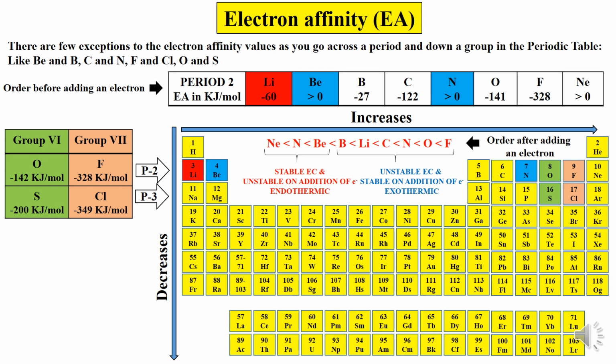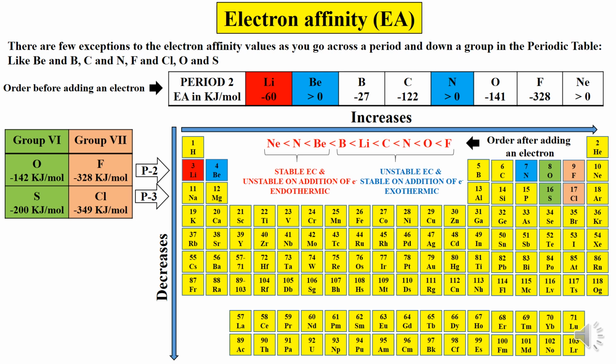Sulfur should have a lesser value than oxygen, because going down the group, the electron affinity value decreases. But it is the other way around. Oxygen has less value, sulfur has higher electron affinity value. The same for group 7. Fluorine has a lesser value, chlorine has a higher value.